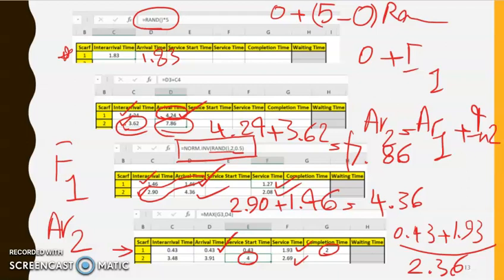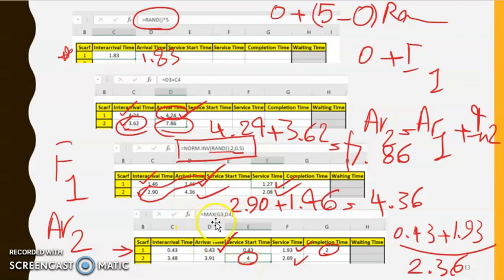But if the arrival time of the second customer is greater than the completion time of customer 1, it means that when the second customer enters the system, there is no one in the system and they can start the service immediately.